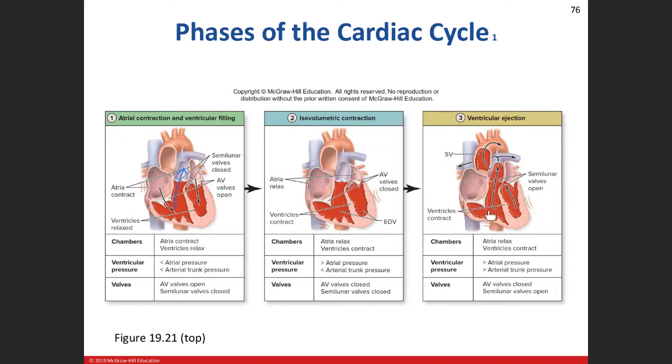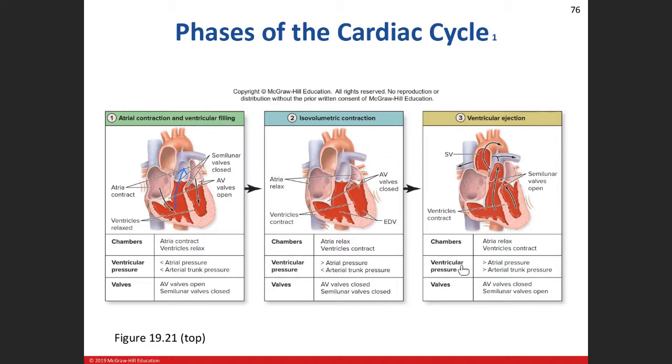Which moves us here to what is called on the video rapid ejection, or ventricular ejection. So we look at the chambers, the atria are still relaxed, the ventricles continue to contract. By this point, we've built up enough pressure that we overcome the pressure in the arterial system. So we now are able to push the blood from the ventricles out into the pulmonary trunk and into the aorta.